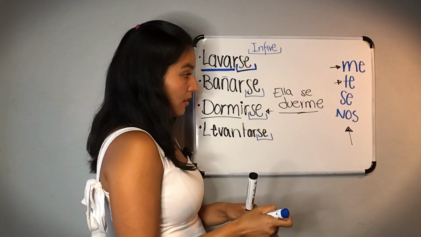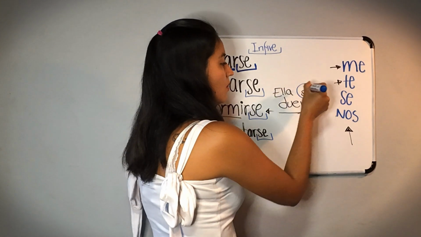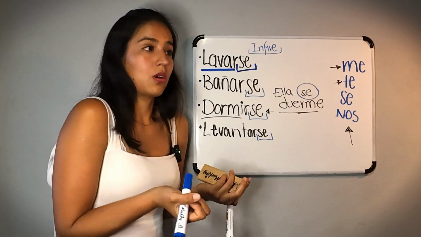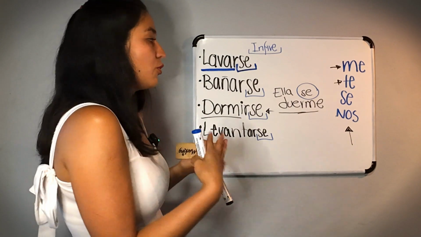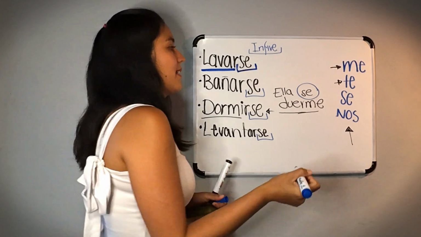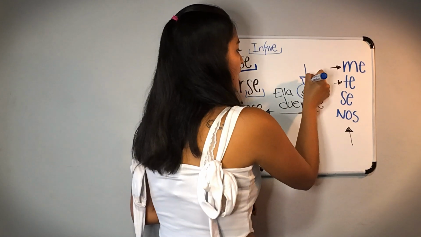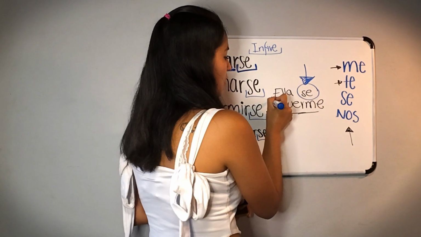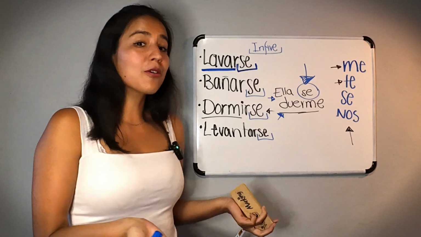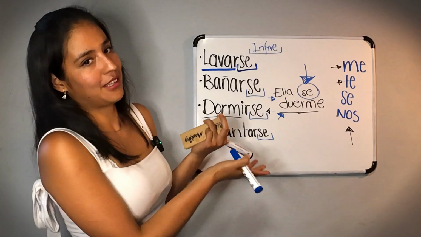Because it's reflexive. That's what makes it reflexive, the reflexive pronoun. So how to form it is actually pretty easy, because we just have to add a reflexive pronoun in between the pronoun and the conjugation. That's all. So the hard part is not actually making the sentences.